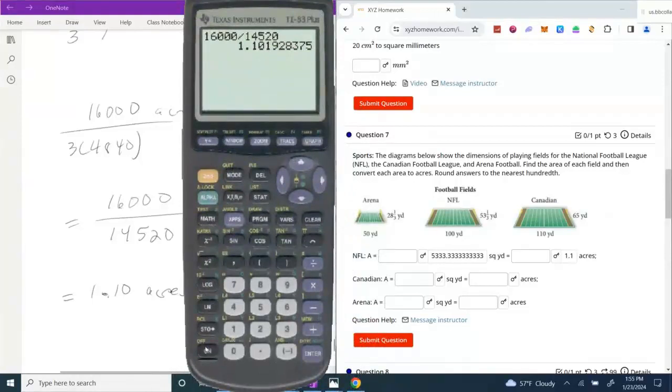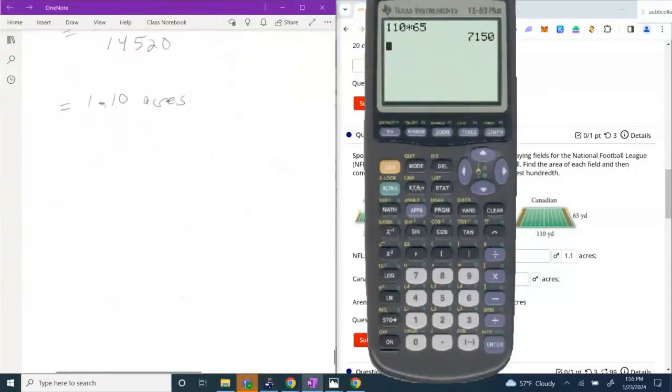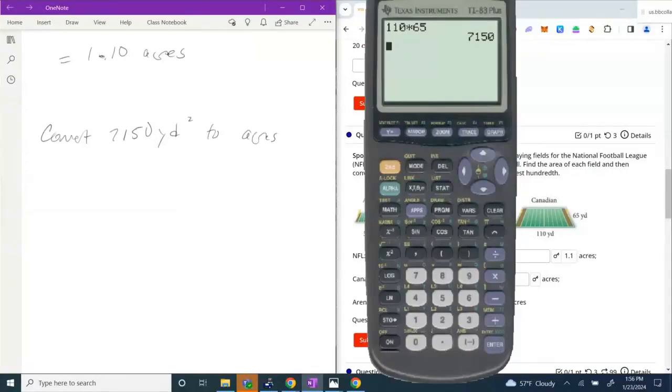That's 110 times 65, which would be 7,150 square yards. And now we're going to convert square yards to acres.